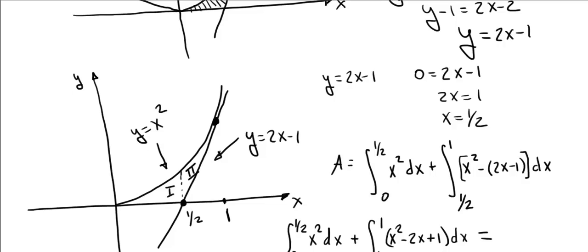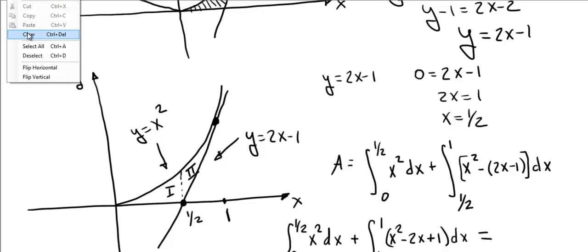While we're doing this problem, let's find the area using a different method, namely integrating with respect to the variable y. So I'm going to redraw it. This is the parabola, and this is the line. That's the point (1, 1), so the y-coordinate here is 1.